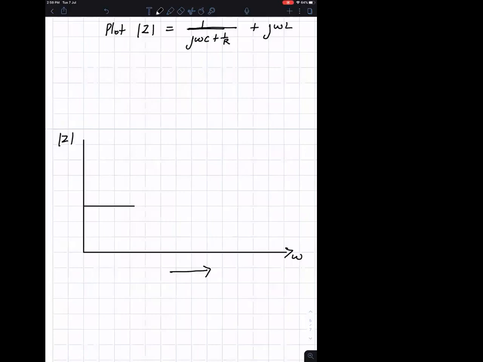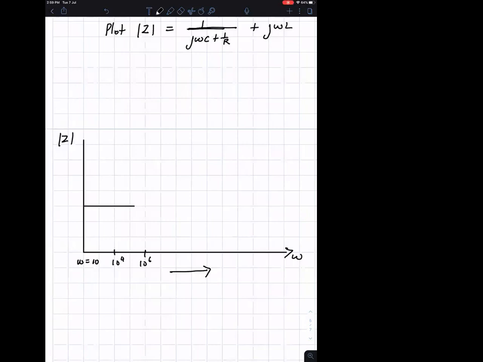You can say approximately low, maybe 10, something like that. Then you go to a higher region of frequency, 10 to the power of 4, 10 to the power of 5, maybe 6, and so forth.